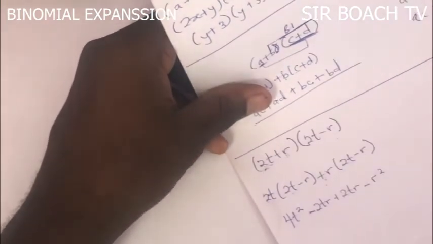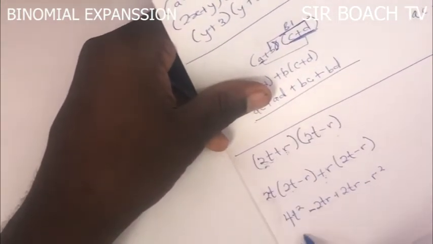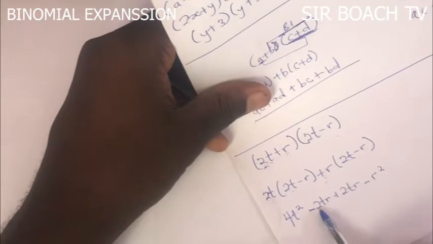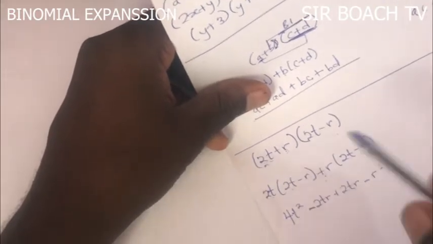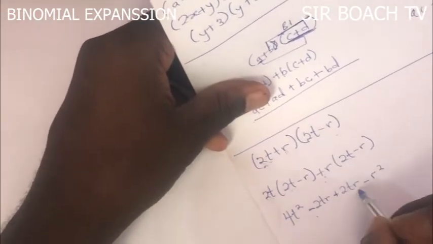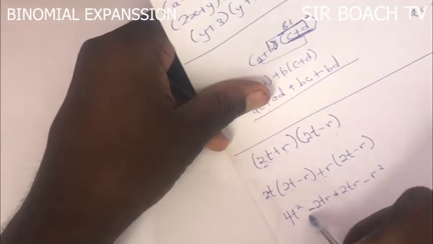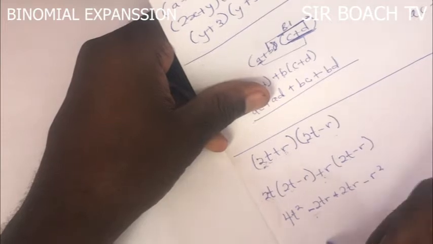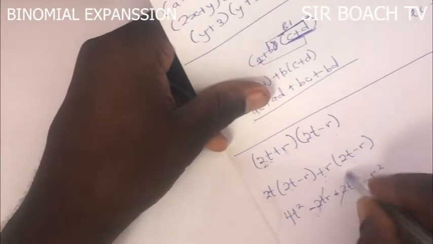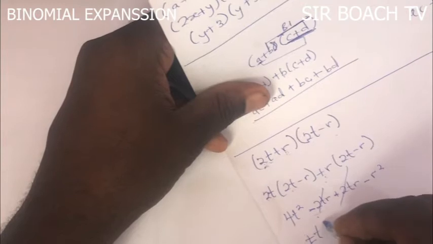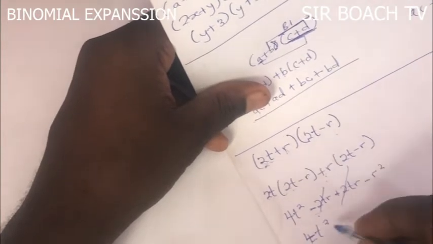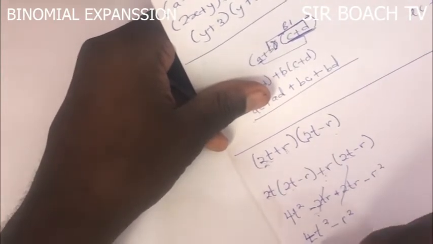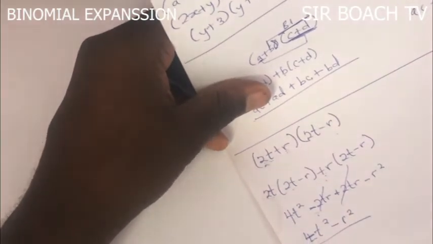So we can see that this is 4t squared, and this is minus 2tr, and this is plus 2tr. So minus and plus, they will go away. It's like minus 1 plus 1, they will vanish. So if these vanish, you are left with 4t squared minus r squared. So that will be our final answer.